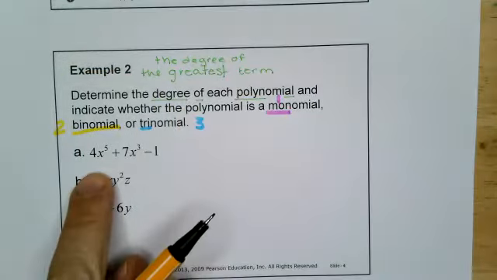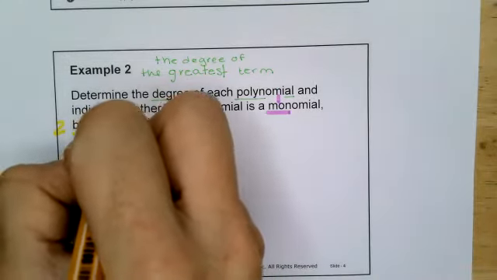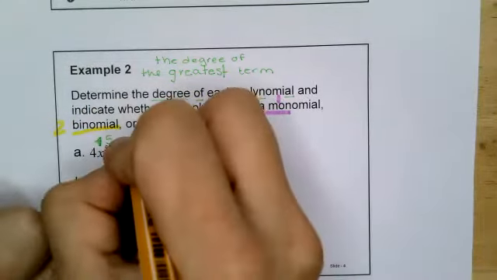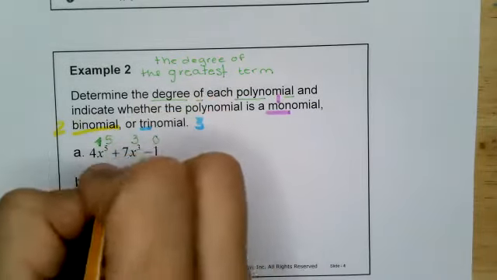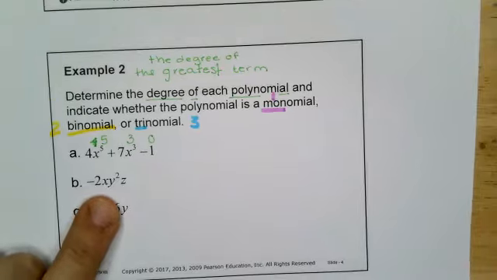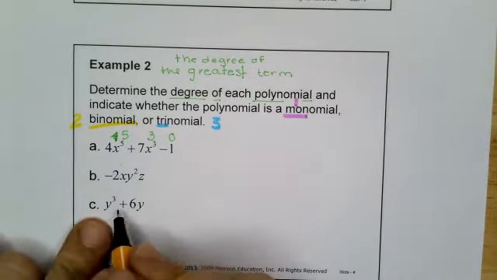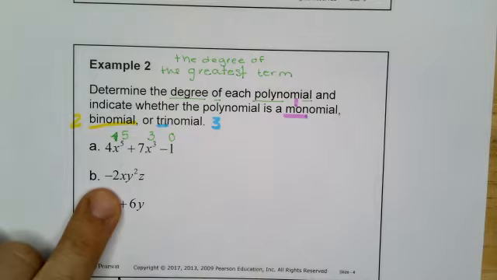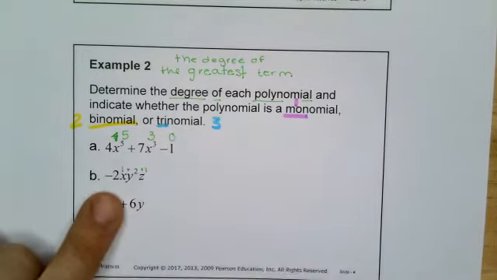So you're looking at each term individually. This has a degree of 5. This has a degree of 3. This has a degree of 0, right? This is all one term because there is no addition or subtraction separating the x, the y, the z, or the -2. So this has 1 plus 2 plus 1.